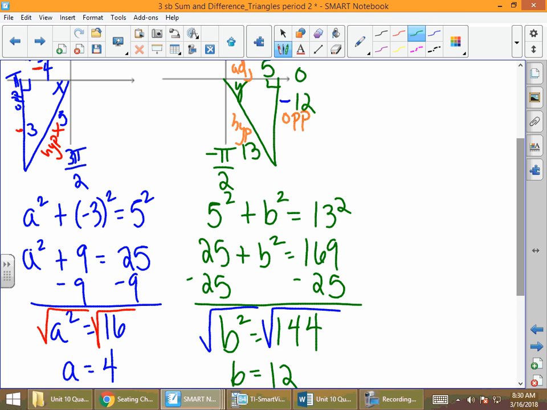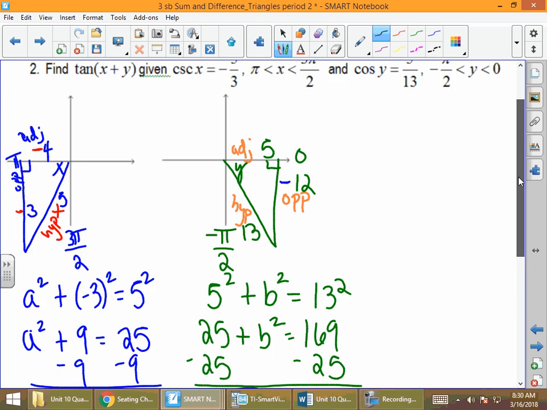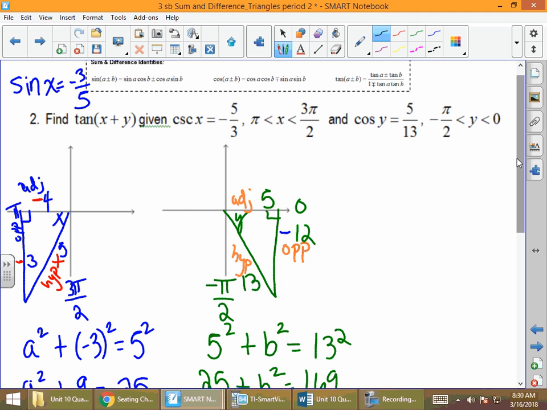Now it says determine the formula that we're going to use. Well, this problem is asking us to find tangent of x plus y. So looking at the top of our paper, we see that this is going to be the tangent of x plus the tangent of y. We had the plus, which is on top in our listed identity.